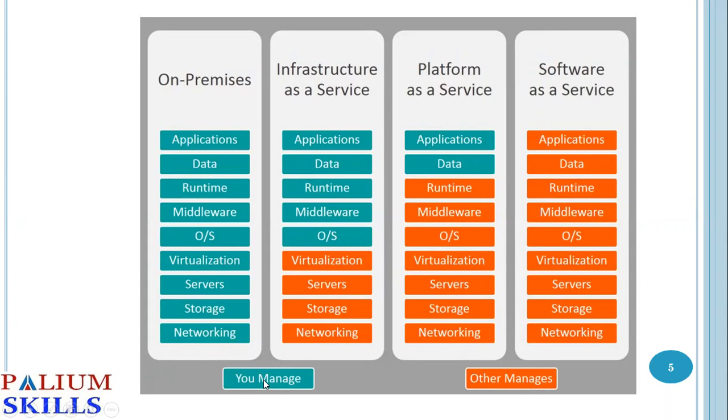When we say you, we mean the customer. The customer manages everything, from applications to networking, storage, servers, middleware, everything. Then it's on-prem. On-premises, so the customer is responsible for end-to-end everything.